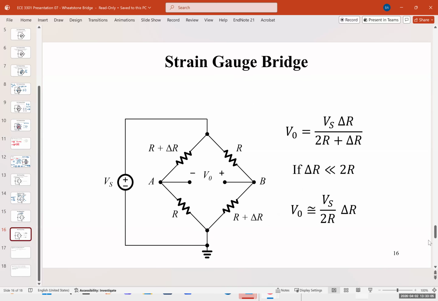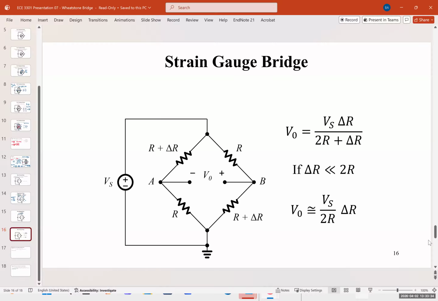And in this case, if delta R is much smaller than 2R, in other words, if the changes are very small, we can further simplify it as V out is going to be Vs over 2R times delta R. Therefore, we usually have a table. We know how much change in the pressure causes how much change in the output voltage.